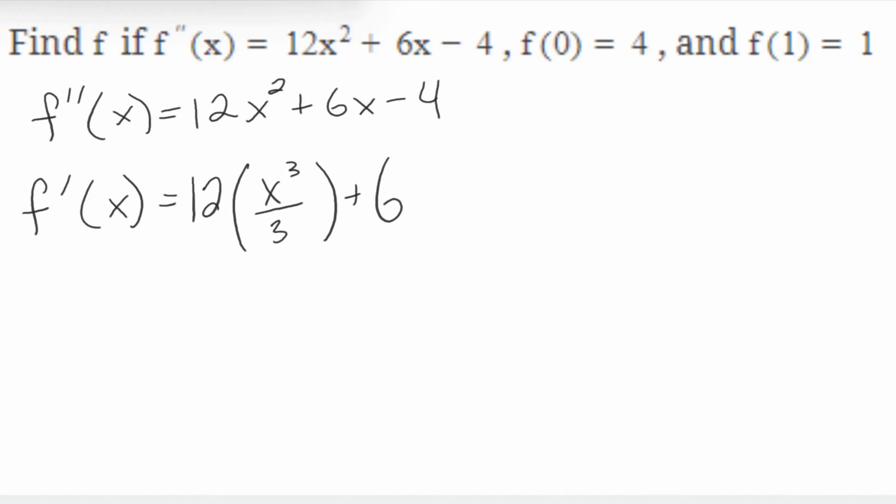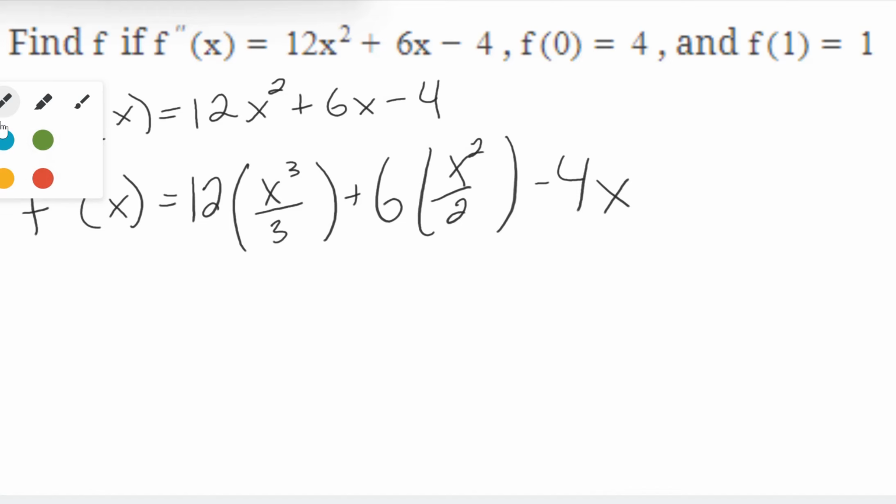So then the x becomes x squared over 2. What's the minus 4 become? Yeah, minus 4x, because remember, there is an x to the 0 here. That's why you don't have to write it. So what's 0 plus 1?